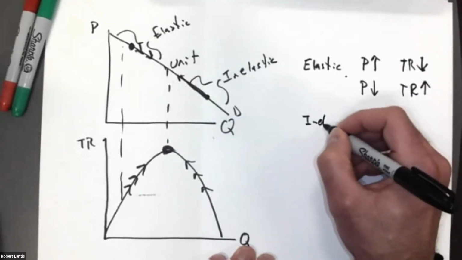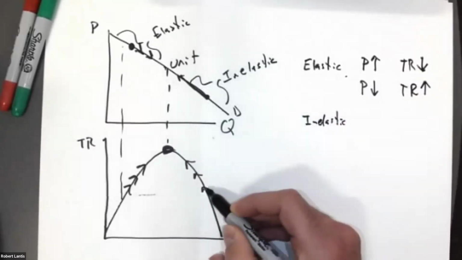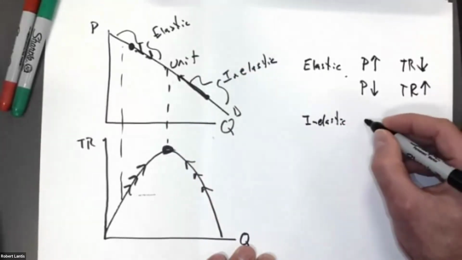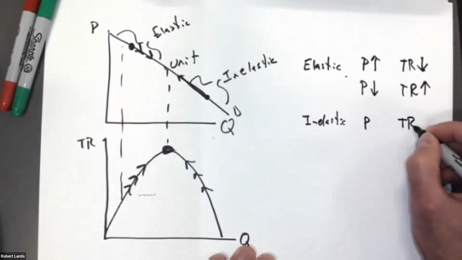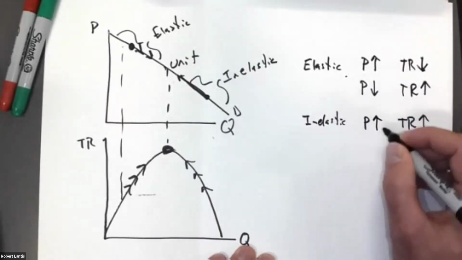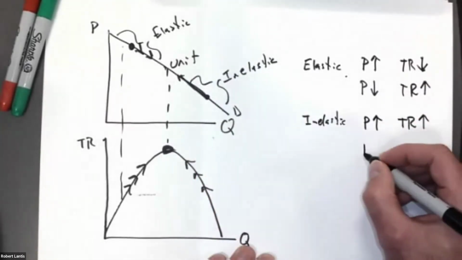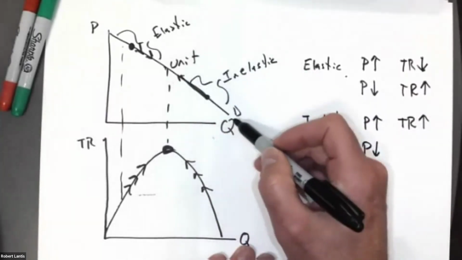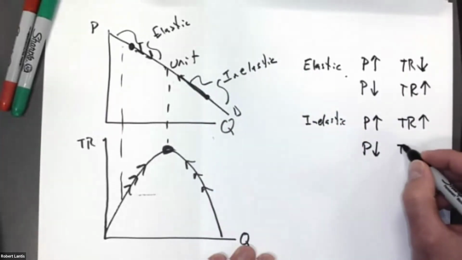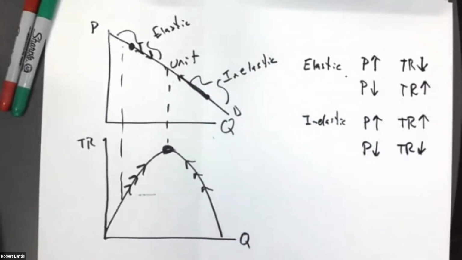When demand is inelastic, I want to move towards that unit elastic point. So how would I increase total revenues there? I'd increase the price. If I lower the price when demand is inelastic, there I'd actually be lowering my total revenues.